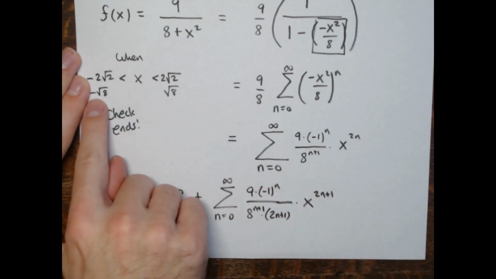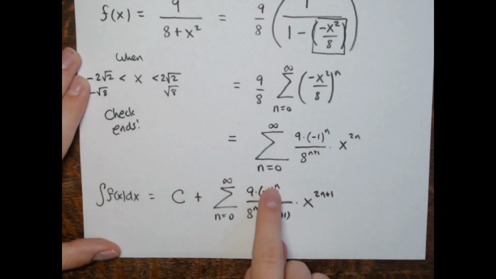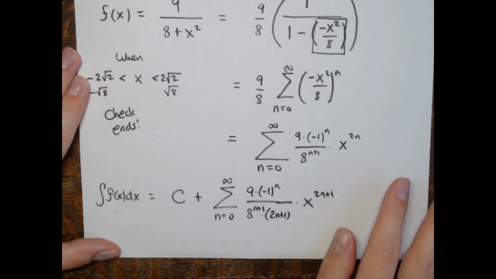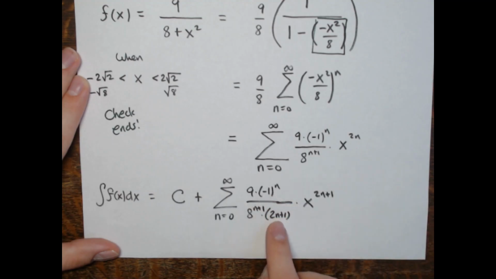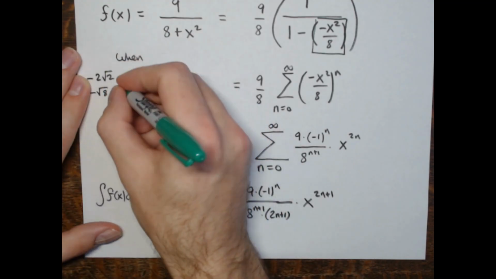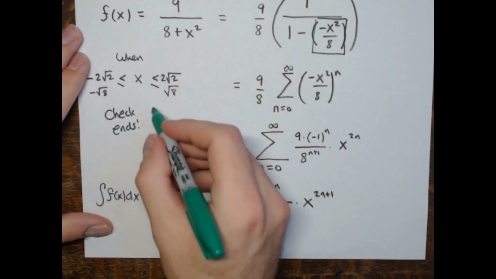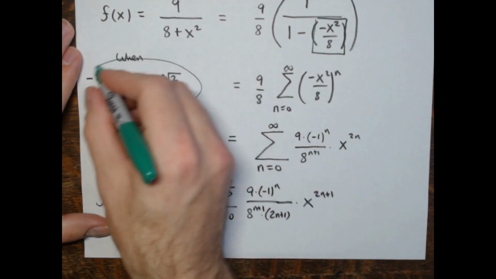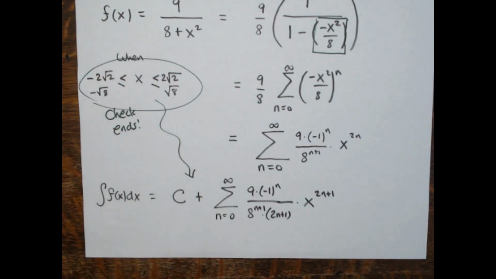I promise you, if you plugged in either one of these, you'll get some power of negative 1 that'll cause it to be alternating, over 2n plus 1. And 1 over 2n plus 1 decreases to 0, and it's alternating. So for either one of these, we're going to get a convergent alternating series, right? So this is the interval of convergence for our integral series.